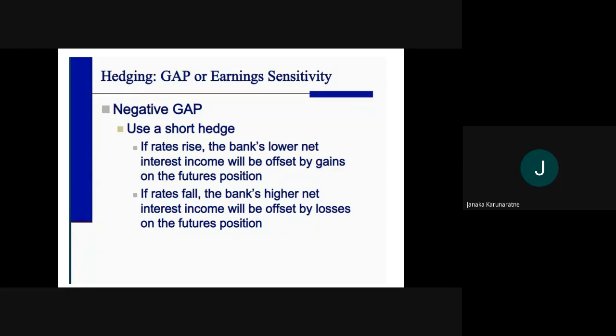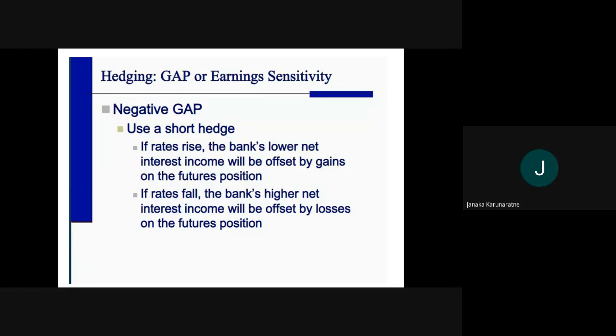If you have a negative gap in the balance sheet, when is the risk? We already did this some time back, gap analysis. When you have a negative gap, when is the risk? Interest rate rise.